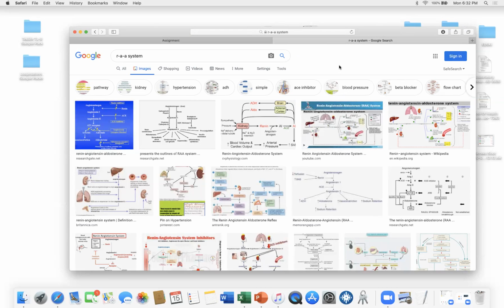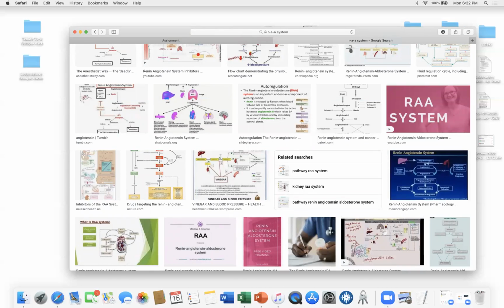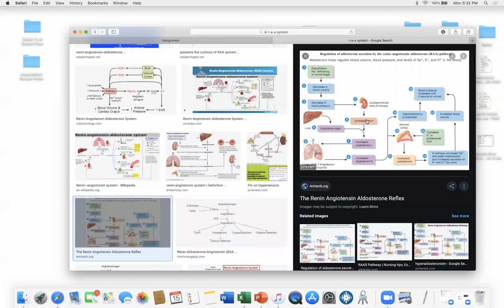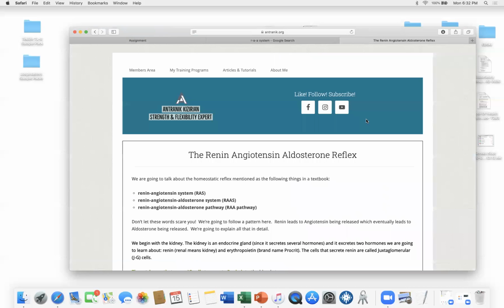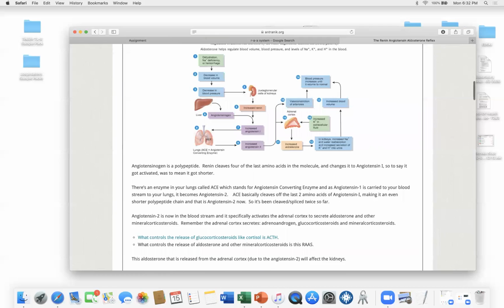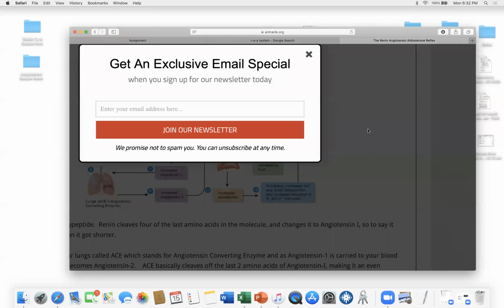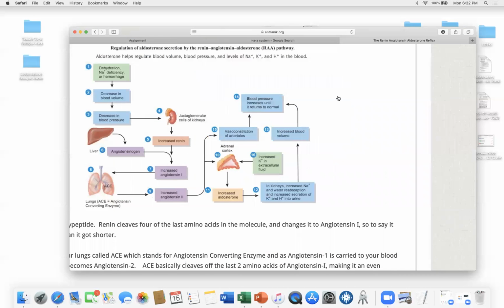Remember, I stated in previous lectures that all these systems, even though we talk about them in different chapters, they're all related and they all connect. And one of those systems is this right here, which is the RAA, or renin angiotensin aldosterone system.